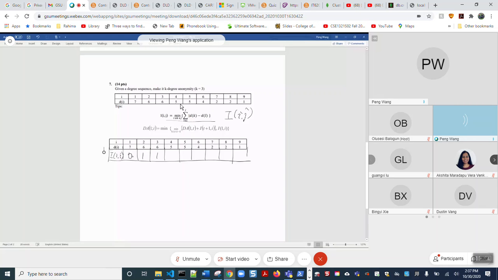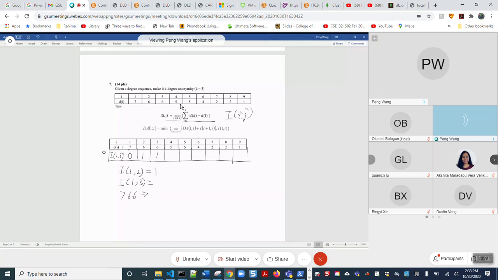For example, I12 means the cost of making 7 and 6 the same group.